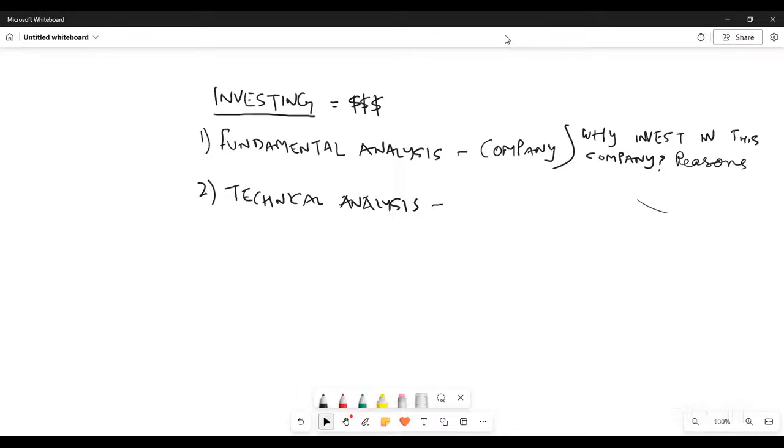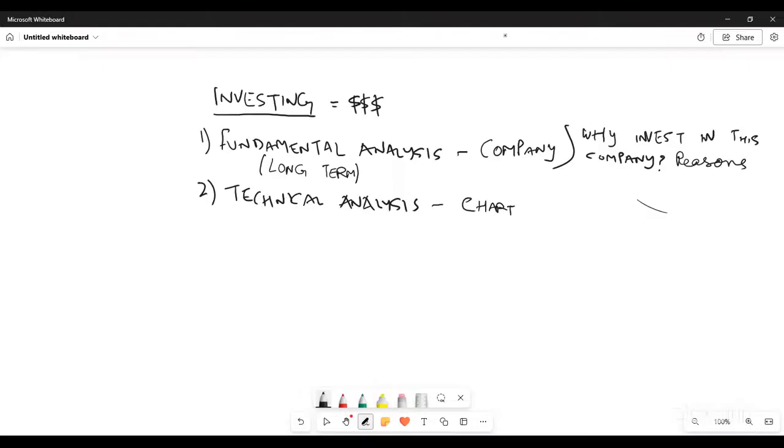We look at it over a year of data, and then technical analysis is short to medium term, and you're looking at things within 2 to 3 months. You're betting on the company's future performance, so you look at price charts and trends, candlestick patterns, volume spikes, support and resistance levels.